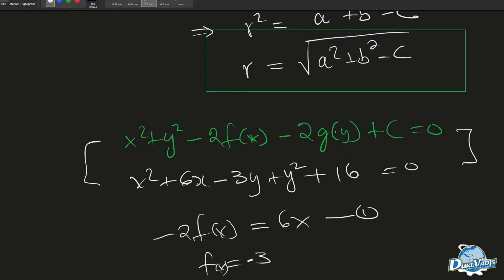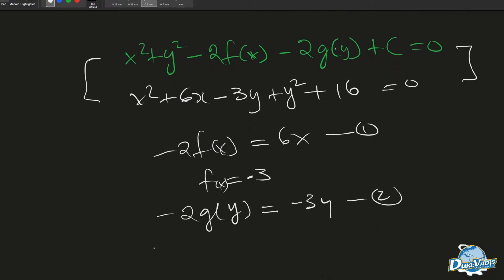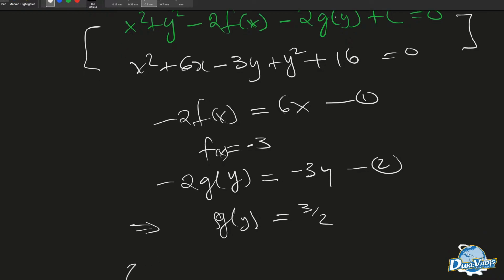So 2g value of y will give me negative 3y. That's equation 2. So now solving this, you see that g value of y will give me 3 over 2. And straightforward, that gives me the center of the circle to be negative 3, comma 3 over 2.